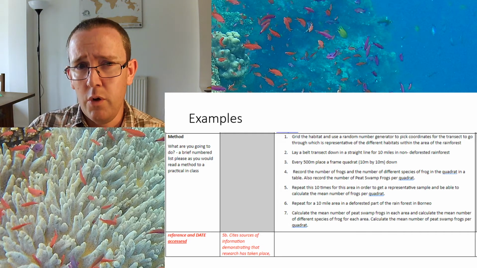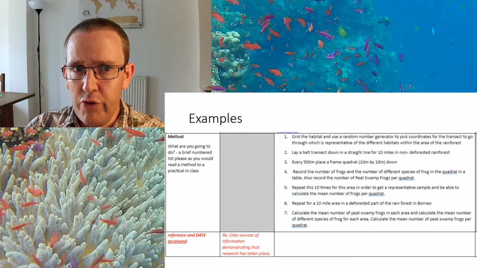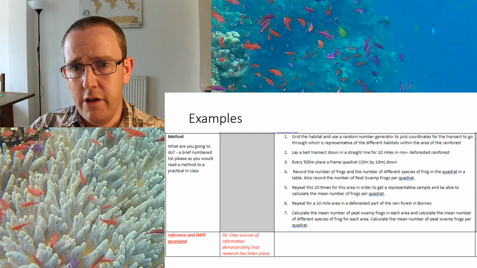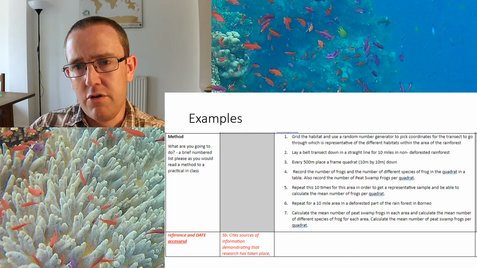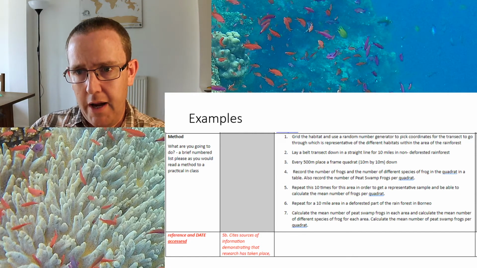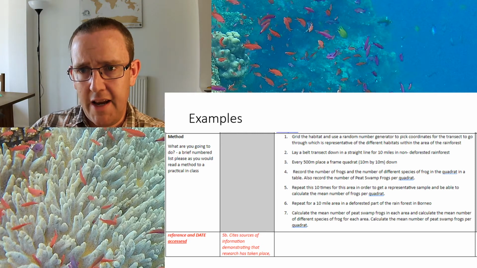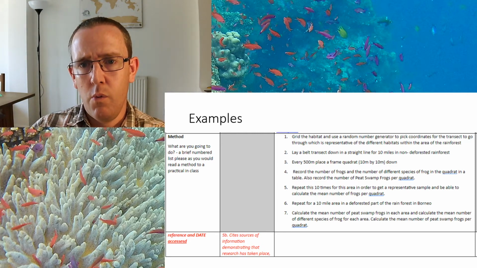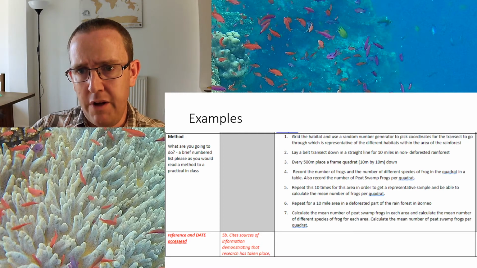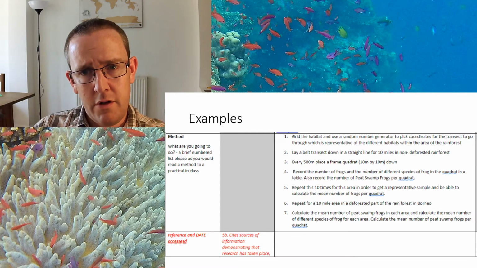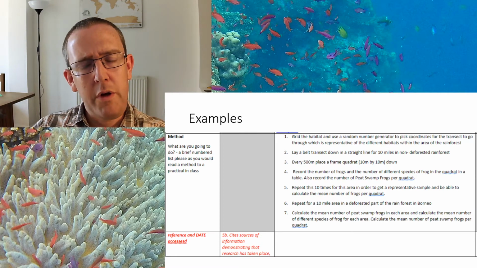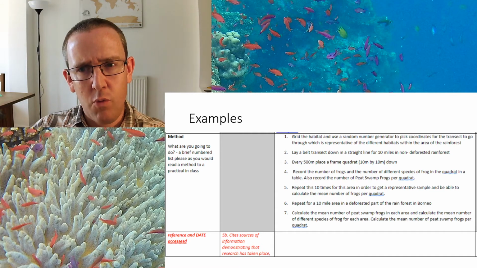But there's a few things here which make me think the person hasn't really thought through their method. So we've got gridding the habitat and using a random number generator to pick coordinates for the transect to go through, which is representative of the different habitats within an area of a rainforest. So what are we using the random number generator for here? To pick coordinates for a transect.